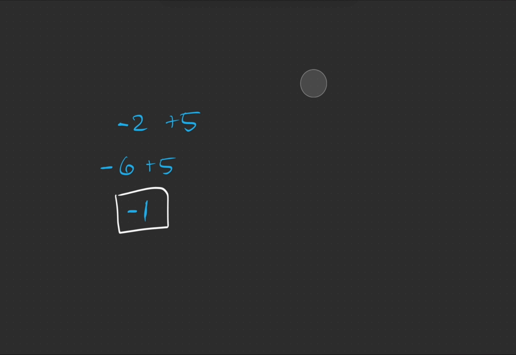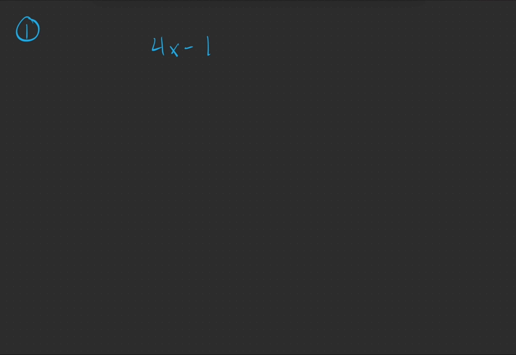Now, let's look at some problems. For problem 1, we're going to do 4x minus 1 when x equals 3. Okay, so we approach this the exact same way. We take our value of x, put it into our expression, and do the math.